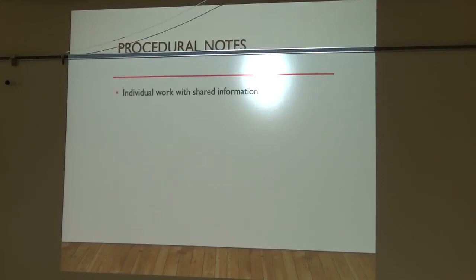So, some procedural notes. Here again, I'm just going through what's in the PDF and highlighting some things. Number one, each of you is going to be doing individual work and then sharing information with the class for this lab as a whole.